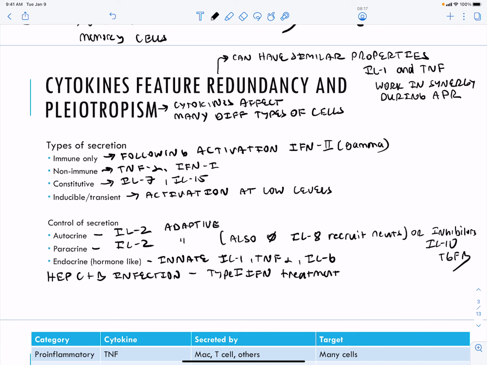And so they had side effects. Because type 1 interferon, of course, can inhibit protein synthesis. So that would not only inhibit protein synthesis of virus-infected cells, but also other uninfected cells. It also can initiate the acute phase response.